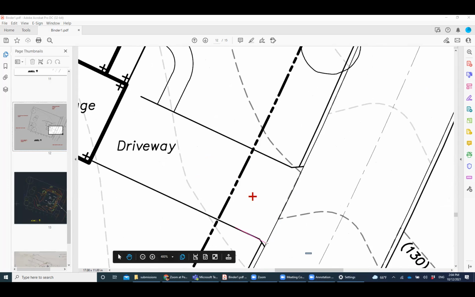So once you extend this, that spot is what you need to calculate. And the same thing goes with this side. And you calculate that spot.